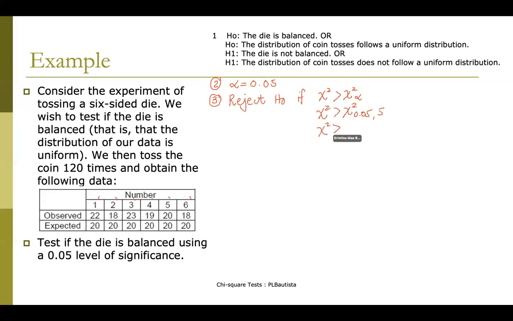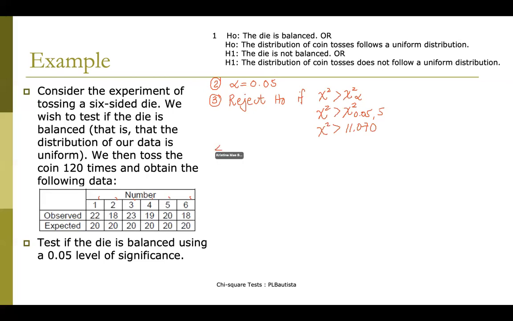So if we look for the critical value with 0.05 alpha and 5 degrees of freedom, you should find the value in the chi-square table to be 11.070. So this is now the critical value for our goodness of fit test.